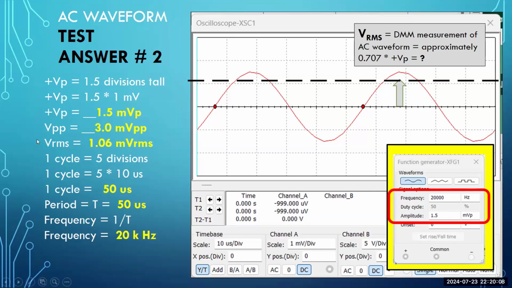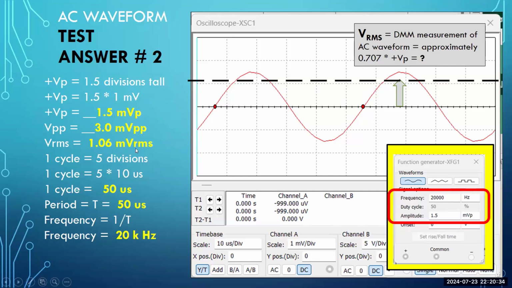Volts peak to peak was simply a double of volts peak. So 1.5 millivolt peak gives you 3 millivolts peak to peak. The RMS value we have in here in the tan box is calculated as 0.707 times positive V peak, and it works out to be 1.06 millivolts RMS. That hopefully is what you calculate.